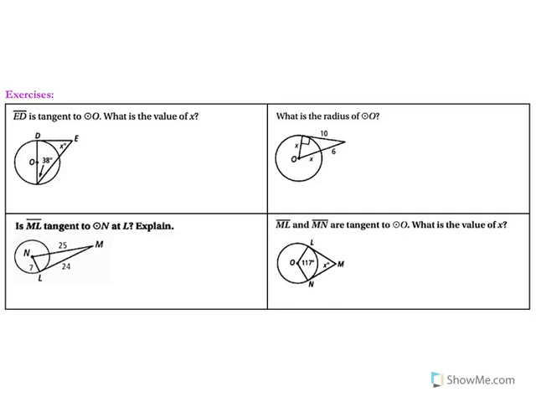Okay, so all of these give us that they are tangent, or it gives us perpendicular marks. So this first one says ED is tangent to circle O. What is the value of X? Well, if ED is tangent to circle O, then I know that I've got a right angle right here at angle D. That's helpful to me because now I'm able to make this little right triangle out of all the shapes and lines on my picture.